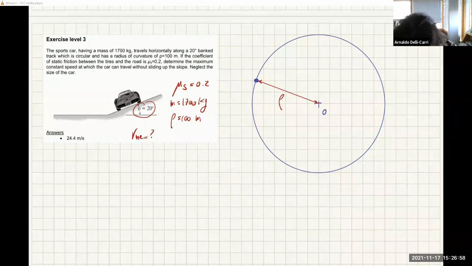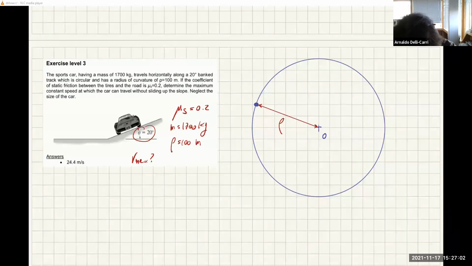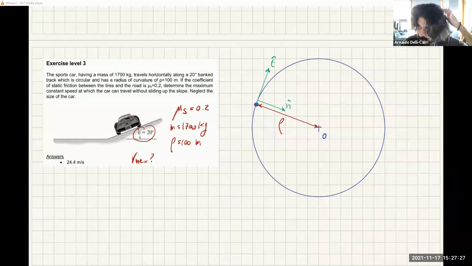We also need to do the free body diagram of this car. So the free body diagram, let's use T, N, and B. So the reference frame is, again, T, N, which goes in this direction, and B that goes inside the plane in this case.